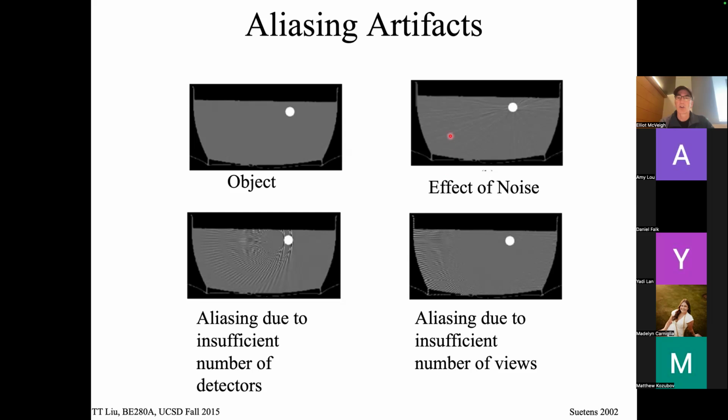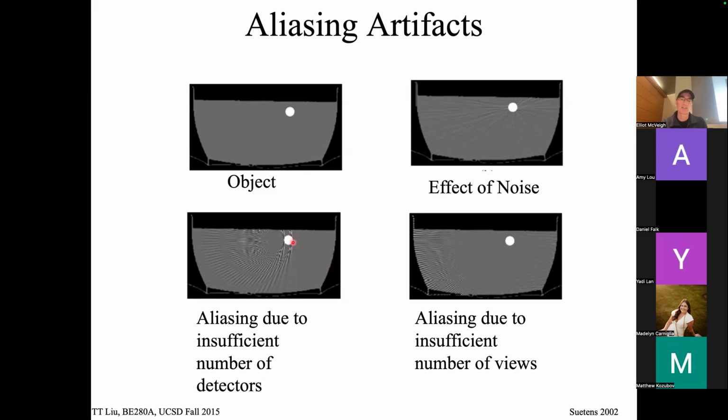Okay, so aliasing artifacts take on a couple of appearances that we've already seen here. Here's our perfect object with no aliasing. With an insufficient number of detectors, I can't really resolve these edges particularly well, right?